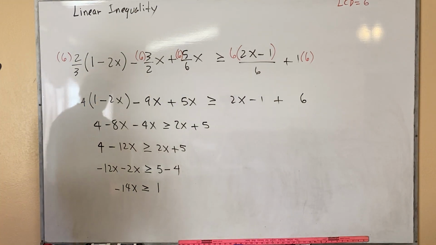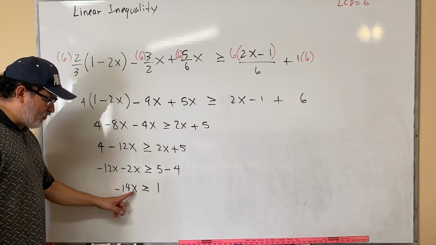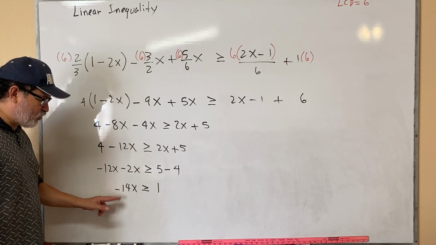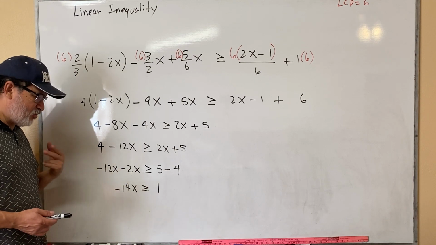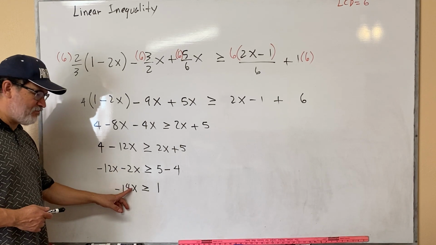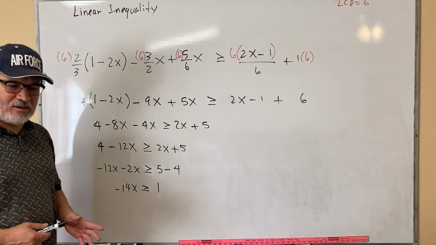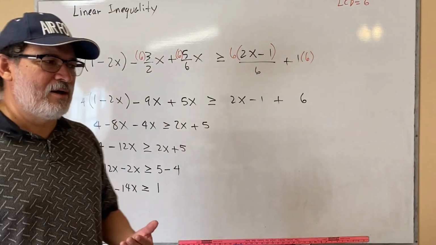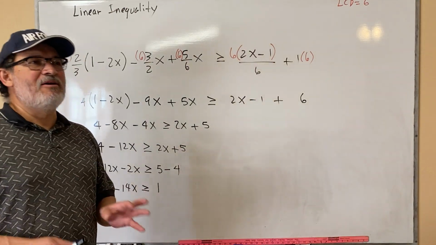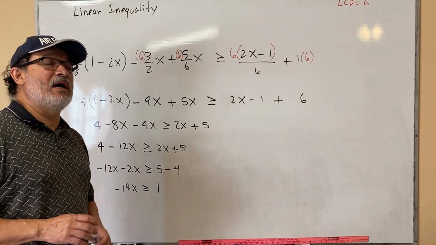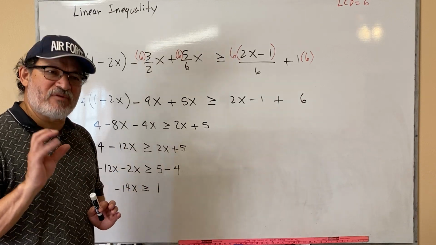Now, here's what I want to stress. If I'm going to solve for x, I need to get rid of this negative 14. How do I get rid of the negative 14? I get rid of it by dividing both sides by negative 14. Guys, when you divide or multiply an inequality by a negative, the inequality symbol reverses.